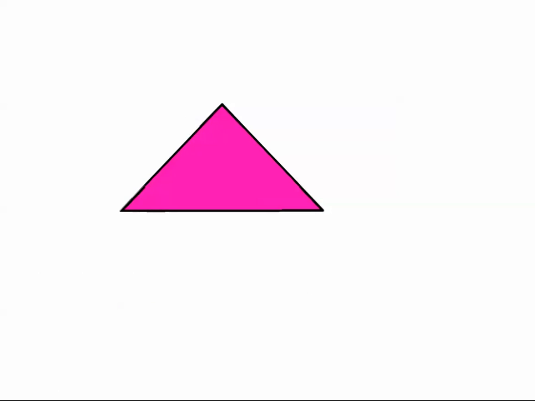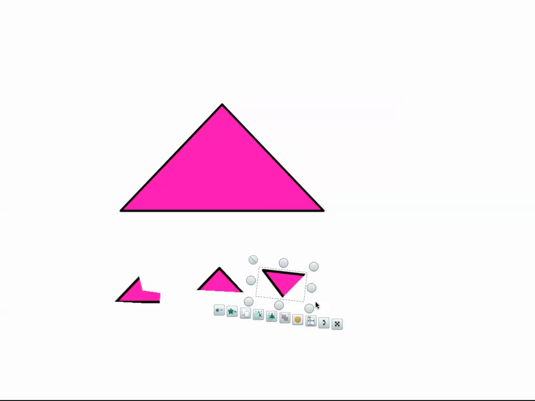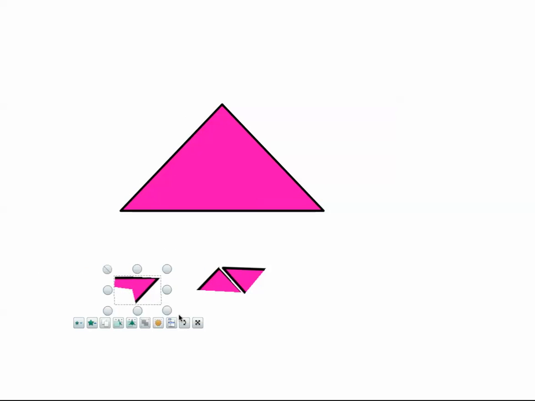Maybe this will help you to see it. I've got a triangle here, and I cut out 1, 2, 3 of its angles. I'm going to put them together vertex to vertex so that you can see what it looks like when I put together these three interior angles.